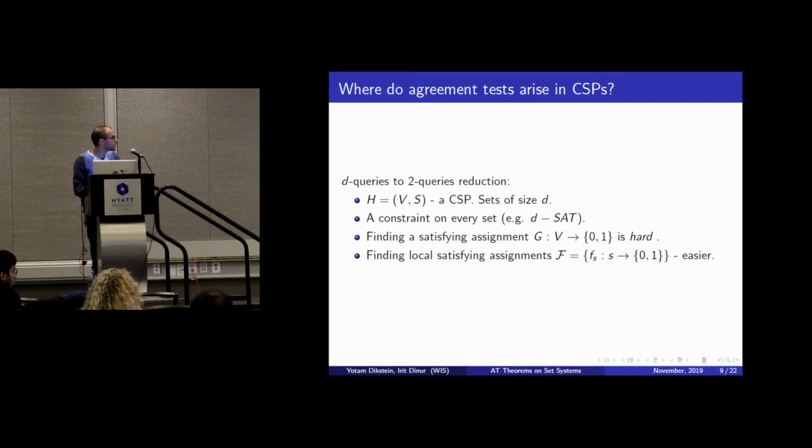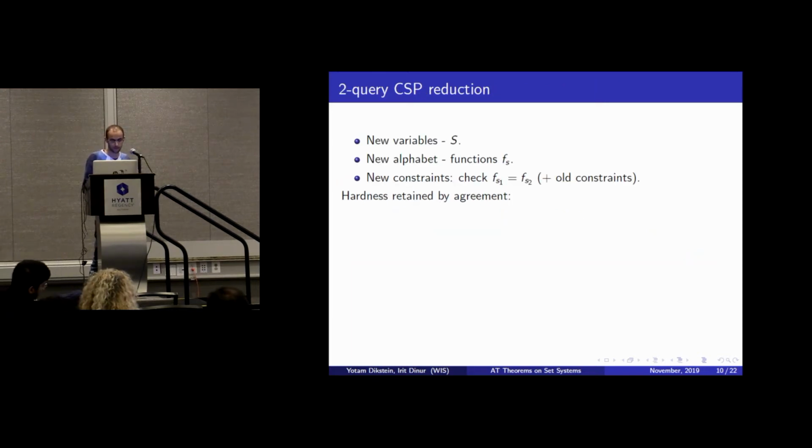So in this case, even if I could find the local satisfying assignments that satisfy the local constraints, if I were able to do this in a way that was consistent according to my agreement test, then this will already imply that I could find a global assignment that agrees with most of these local assignments and therefore satisfies most of the constraints. So in essence, this seems like a task that is almost as hard as just finding this global assignment.